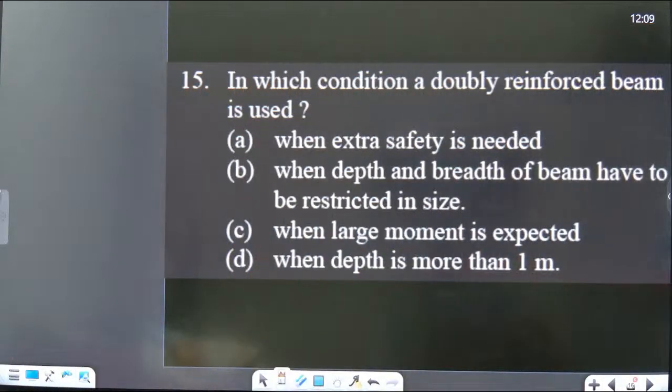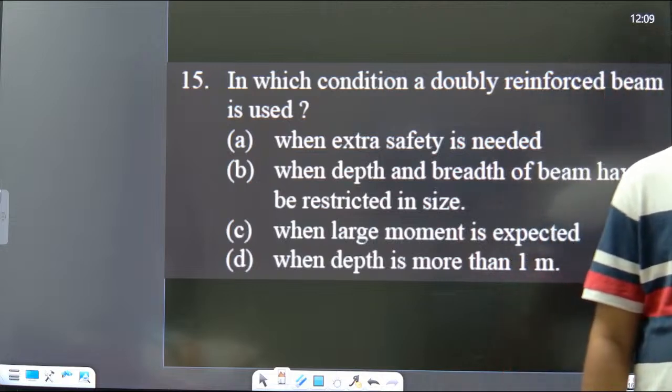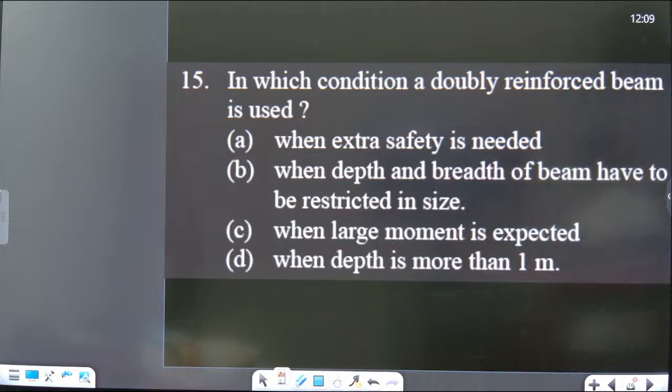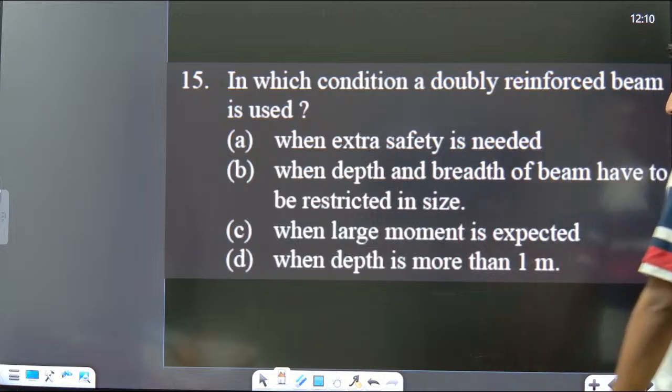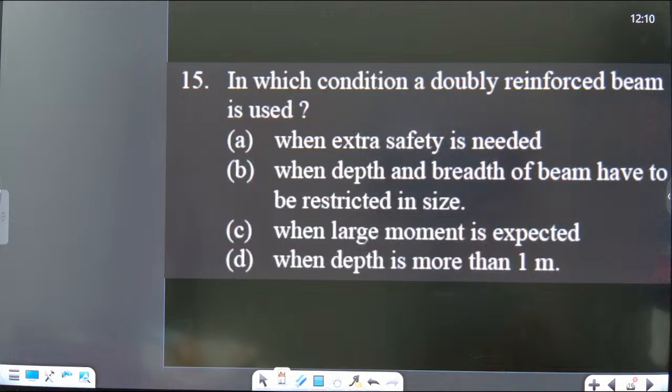In which condition is a doubly reinforced section used? Answer this question.